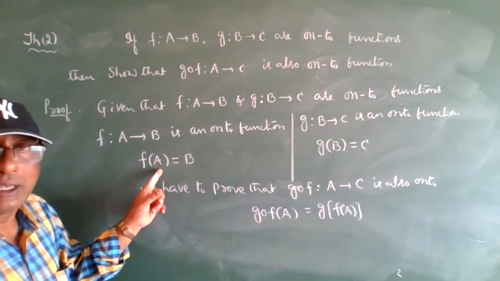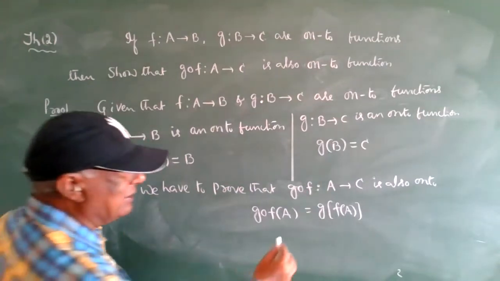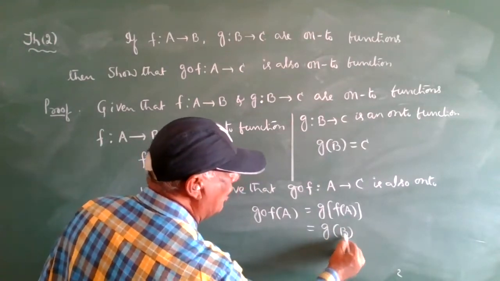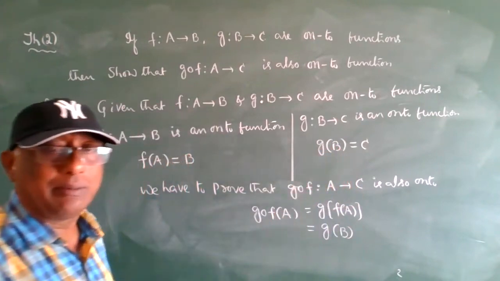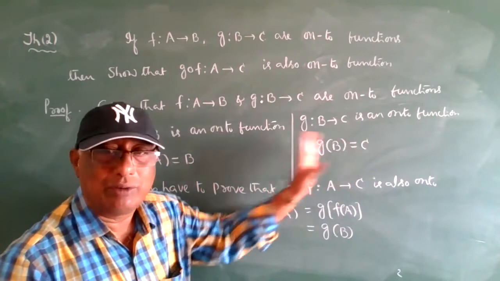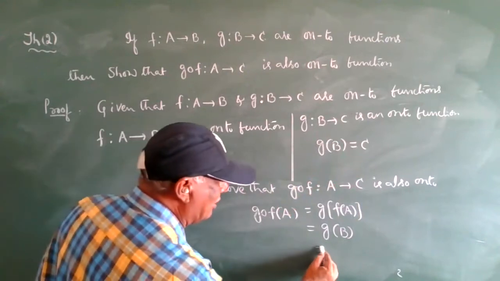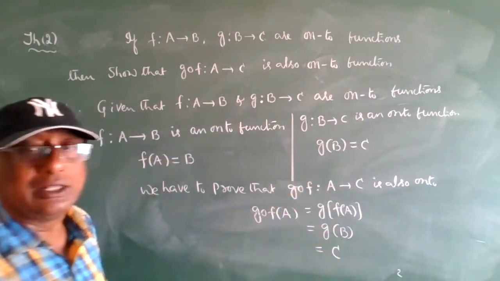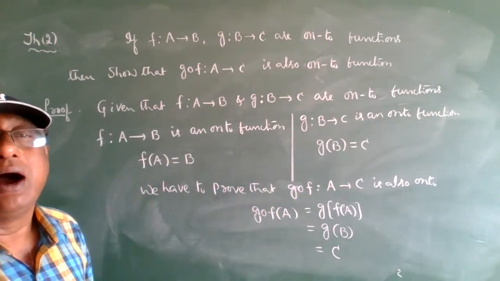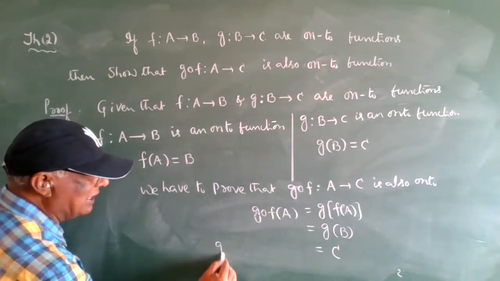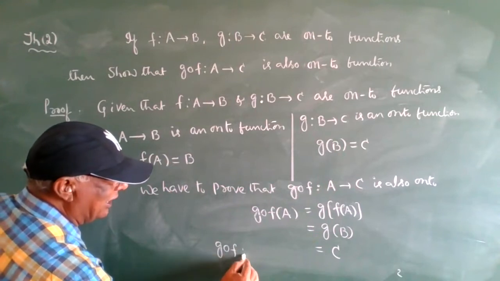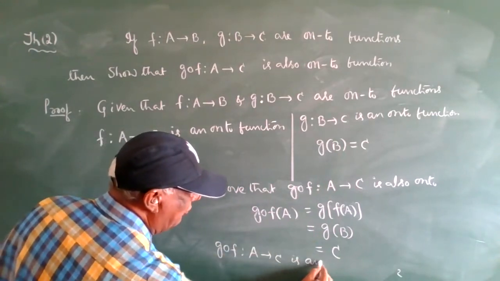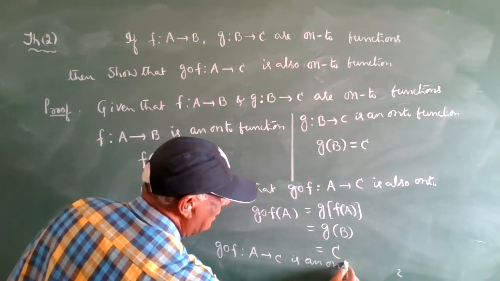See here, f of A value is B. g of f of A is g of B. What is the g of B value? See on the board, g of B value is C. So that is equal to C. Therefore, the image of A is C. Therefore, g circle f, A to C, is an onto function.